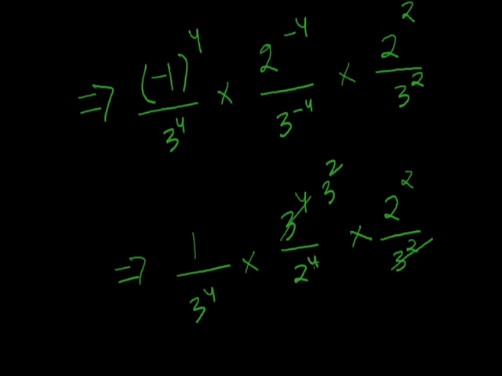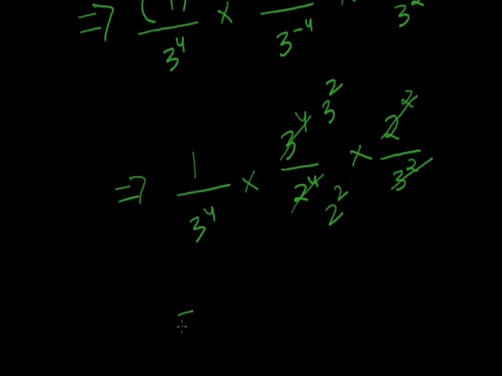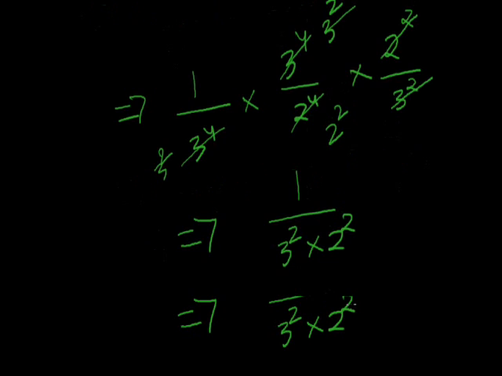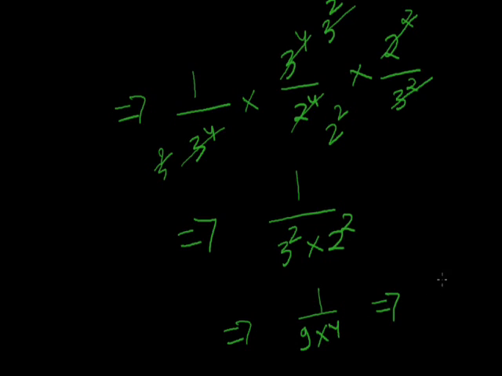Once again 2 raised to the power 4 divided by 2 raised to the power 2 gives you the answer as 2 raised to the power 2. So the answer is coming as 1 divided by 3 raised to the power 2 multiplied with 2 raised to the power 2, and the answer is 1 upon 9 into 4. The answer is coming as 1 divided by 36.